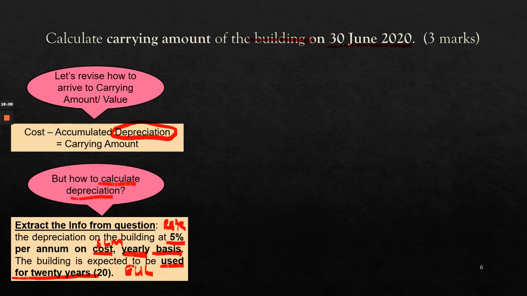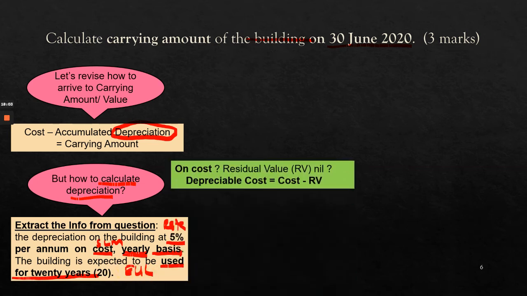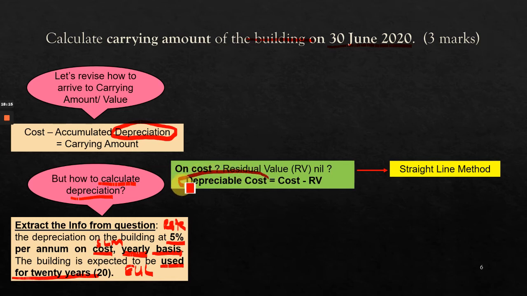So these are the information given. The word on cost means straight line method, but be careful. On cost actually refers to depreciable cost. You also need to check the residual value, but there is no residual value. Therefore, the depreciable cost is the cost itself.